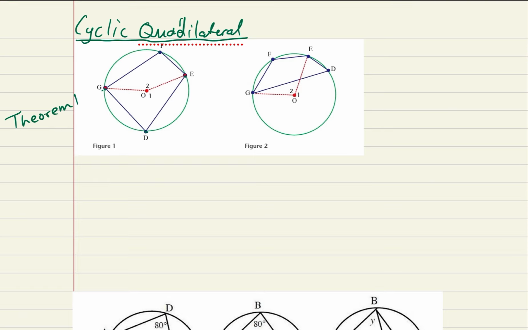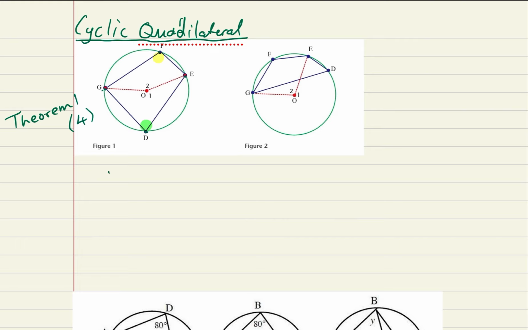Theorem number 1, which is theorem number 4, by the way, under all the theorems. Okay, this one says what? It says this angle plus this angle equals 180 degrees.